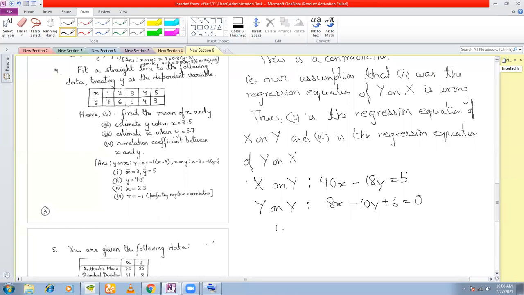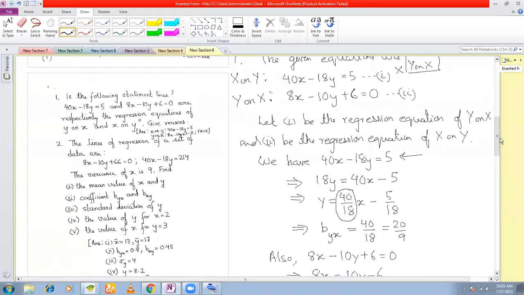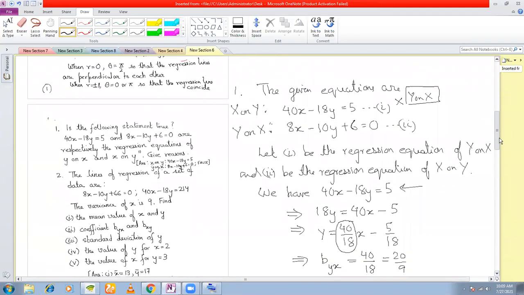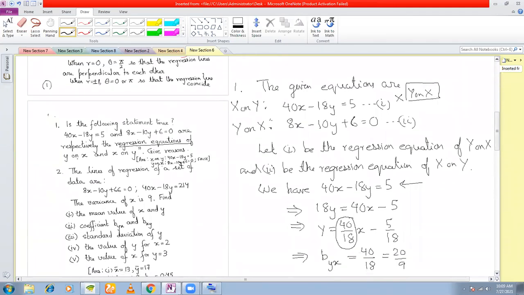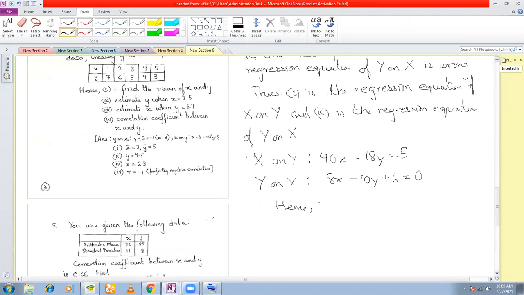Okay, so what was the question? Are these the regression equations of x on y and y on x? Give reasons. Hence the above statement is false. Okay, is it clear?